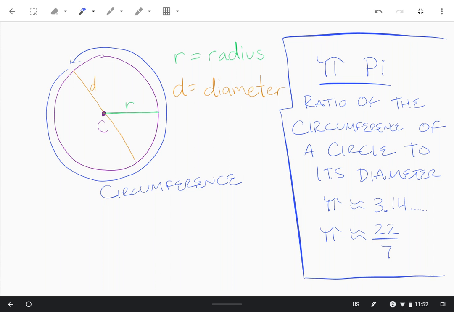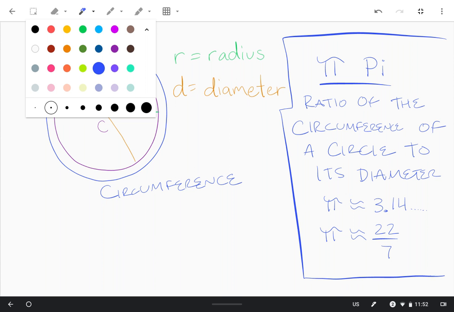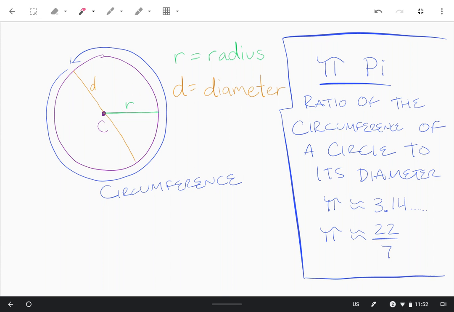Because of this relationship between the diameter and the circumference, the formulas that we use when we find the circumference and area of a circle are going to incorporate these numbers. The circumference of a circle has a value of 2 times pi times the radius, also known as pi times the diameter.